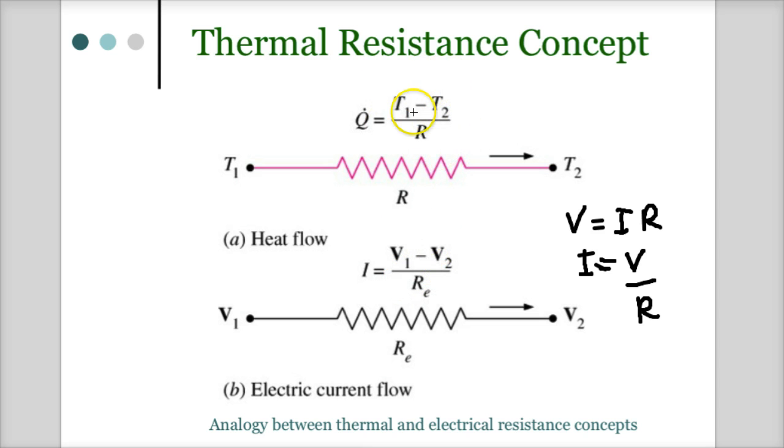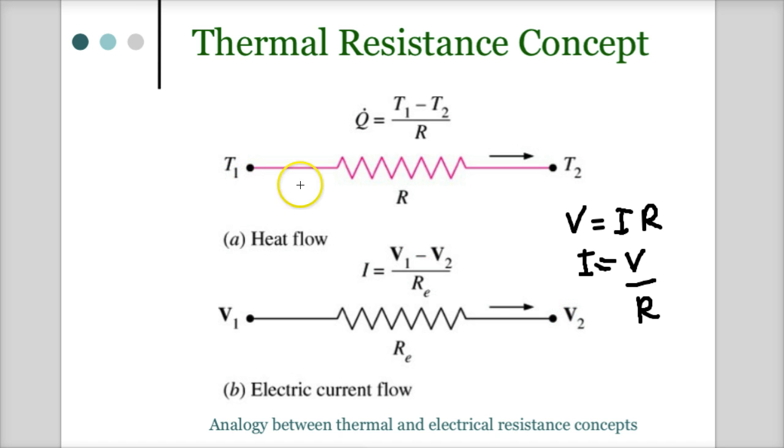Let's say at points 1 and 2, V1, the voltage, is higher than V2, because it encounters a resistance and at V2 the voltage drops.